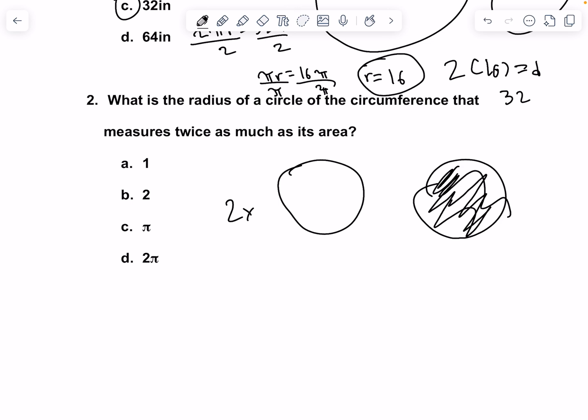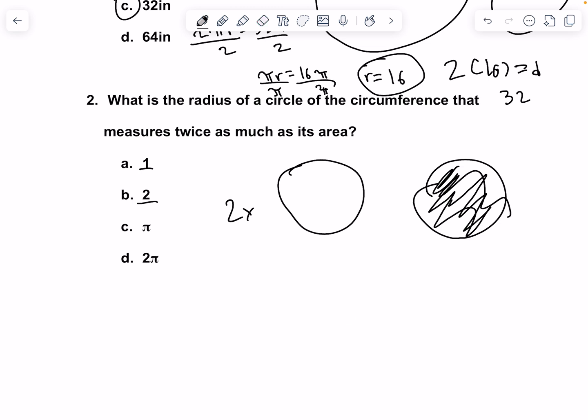We know it can't be 2 pi or pi because we're looking for the radius, and the radius has to be a whole number. So it has to be either 2 or 1.